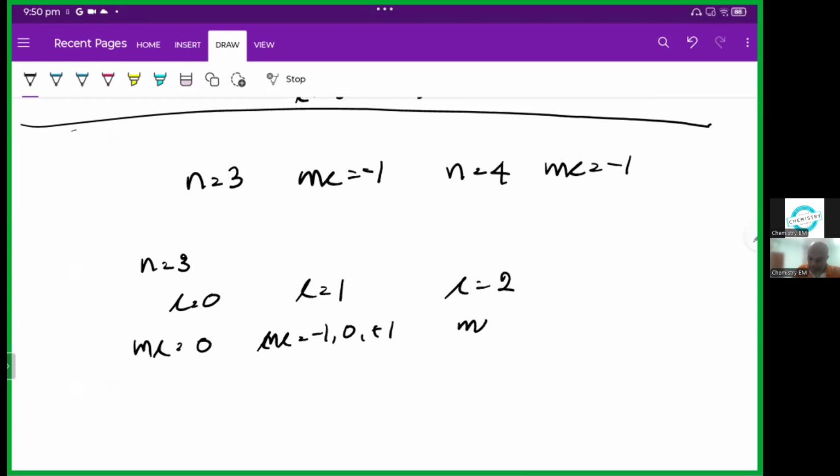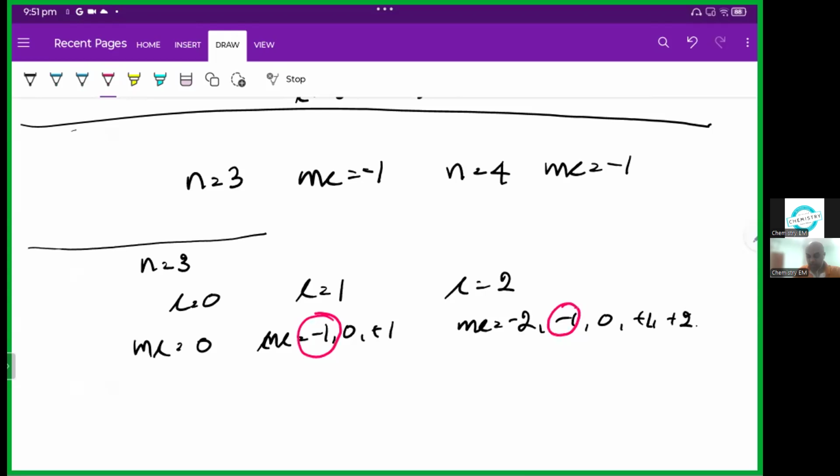Here ml is equal to -2, -1, 0, +1, and +2. Now in this set, when n is equal to 3, ml is equal to -1 appears here and another one here. So there are two orbitals when n is equal to 3 and ml is equal to -1.